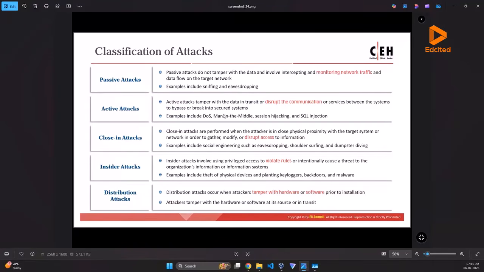That means you are close to the physical proximity of the target system and you do the attack to disrupt access to information. That would be your close-in attack. Now there is something called an insider attack and a distribution attack. An insider attack means you're working in an organization and somebody within your organization is doing the attack. So that means you have a traitor. That would be an insider attack.